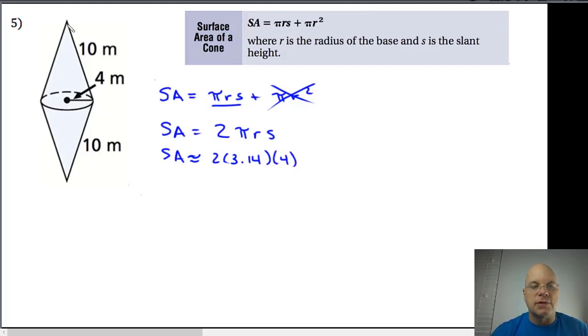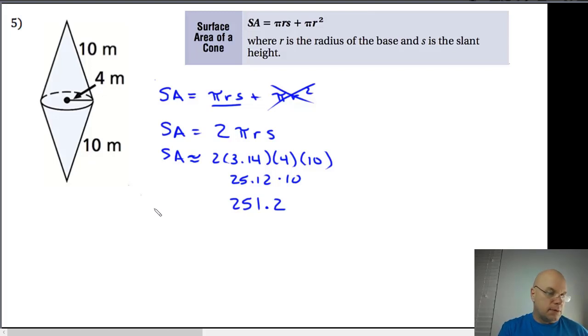And the slant height, the distance from the vertex to the edge of the cone, is 10. 2 times 3.14 is 6.28. 6.28 quadrupled is 25.12, times 10 would just be 251 and 2/10. That would be our estimate for the surface area.